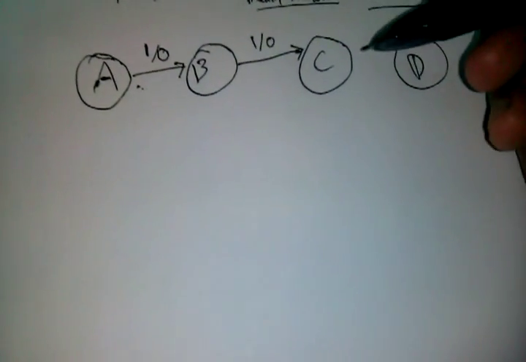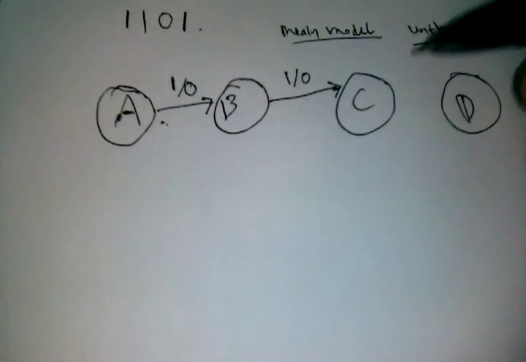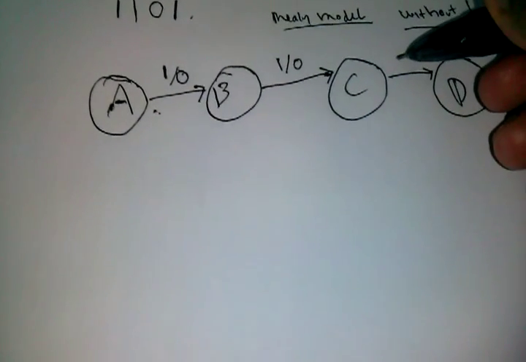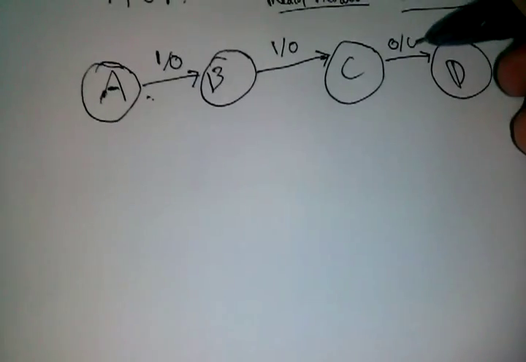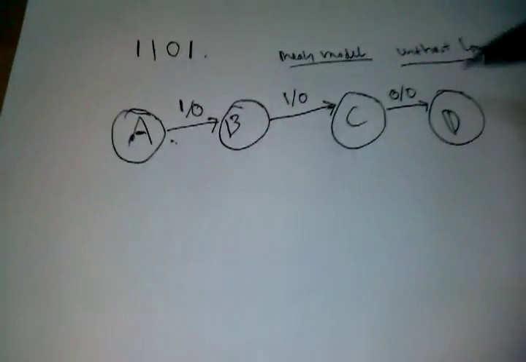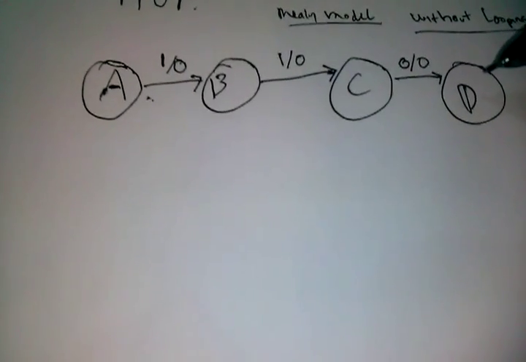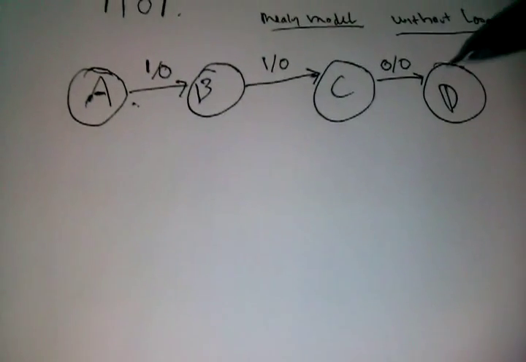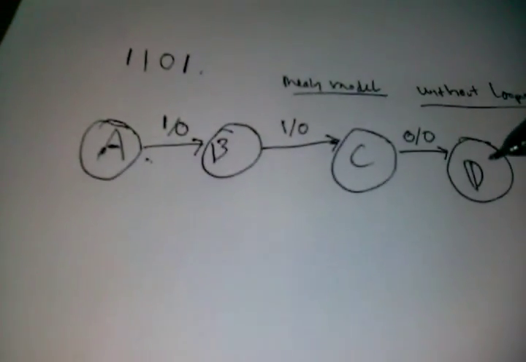And then if C gets 0, it will cross to D, and the output is still 0. And this is really crucial for the last state. This is a crucial problem. Many students don't get it, I mean here.